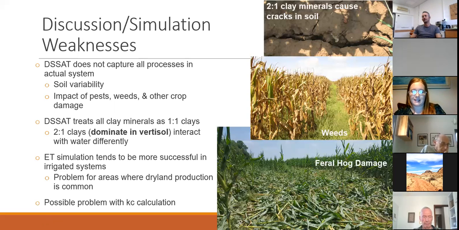And then third, the ET simulation tends to be more successful in irrigated systems. This is something that we noticed in the literature, and it's pretty well documented across the different areas where people have tried to apply DSAT for simulating ET and other parameters, that it works a lot better in an irrigated system where you have constant and very consistent water input into the system.